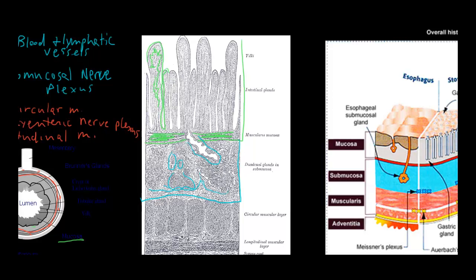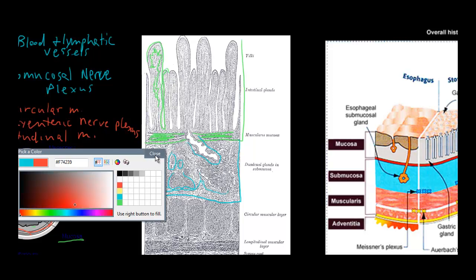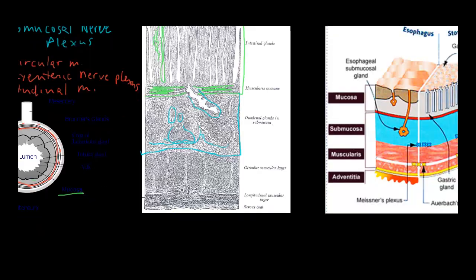And now if we go even further down, we see the muscularis externa, and we see the circular layer.